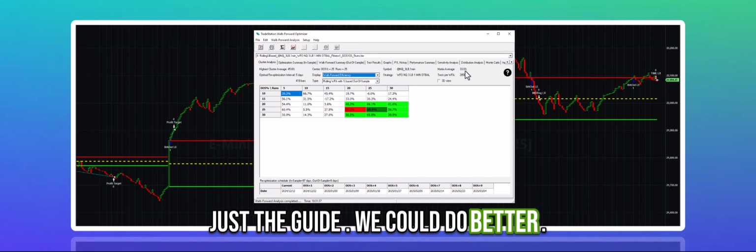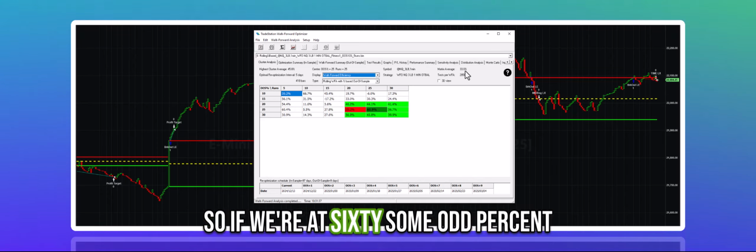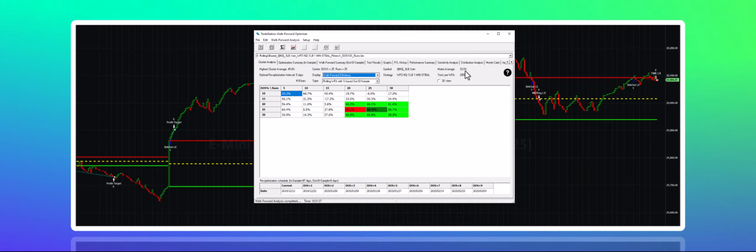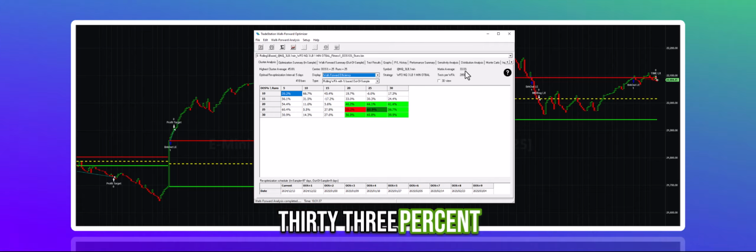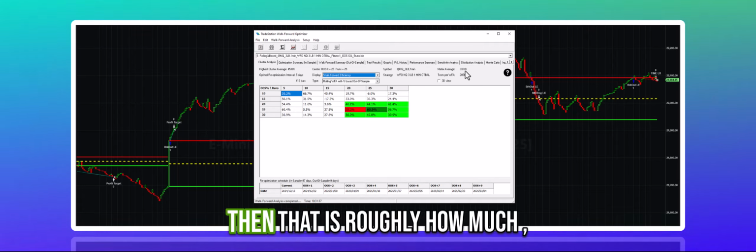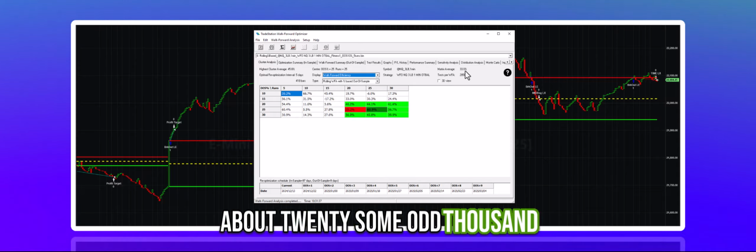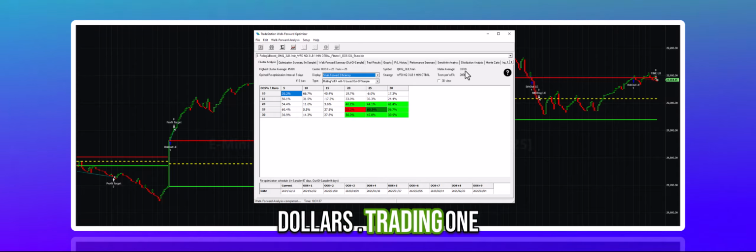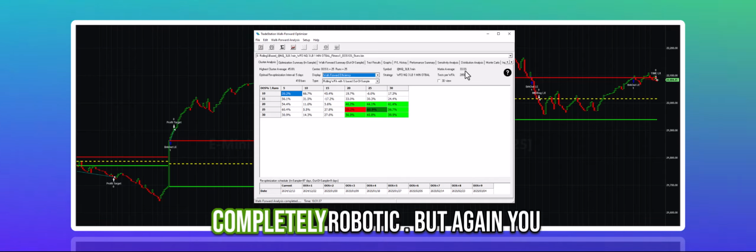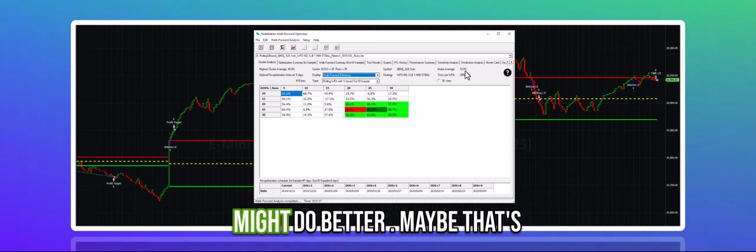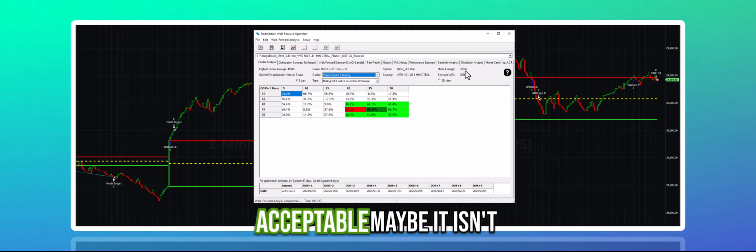We could do better. So if we're at 60 some odd percent, and it's telling us we might do 33%, then that is roughly how much? About 20 some odd $1,000. Trading one mini contract, completely robotic. But again, you might do better. Maybe that's acceptable, maybe it isn't.